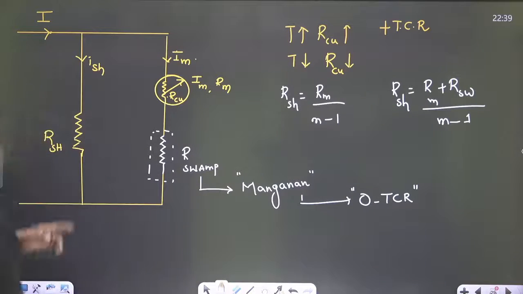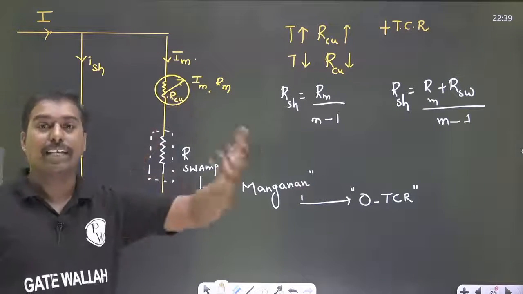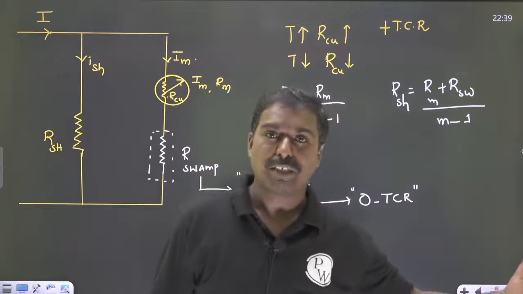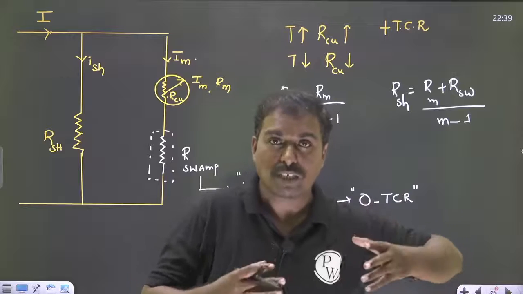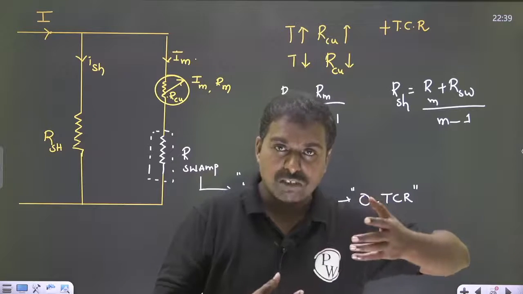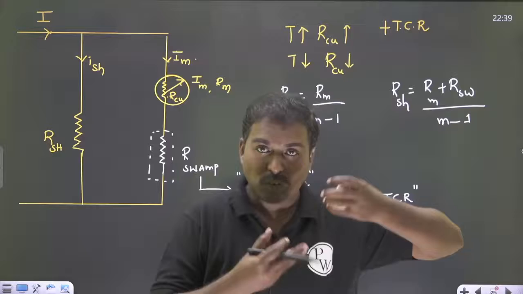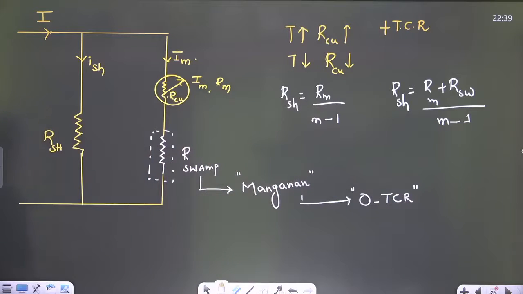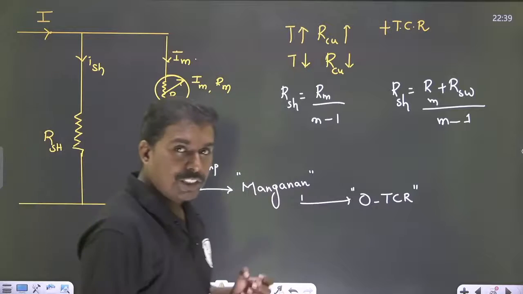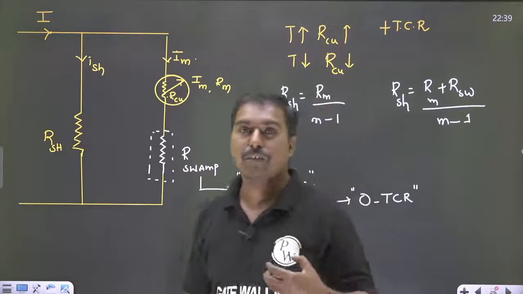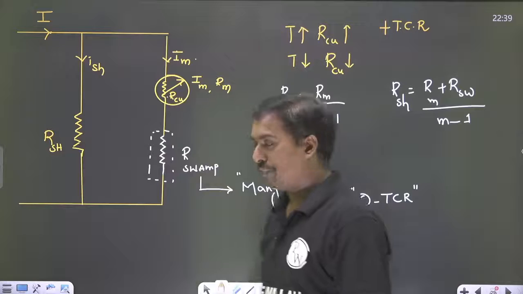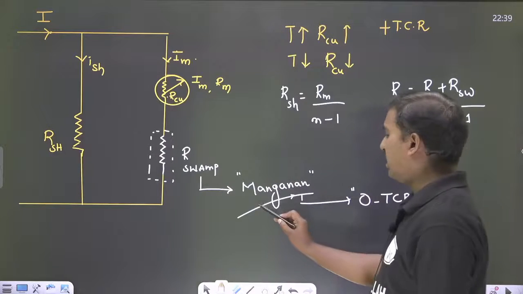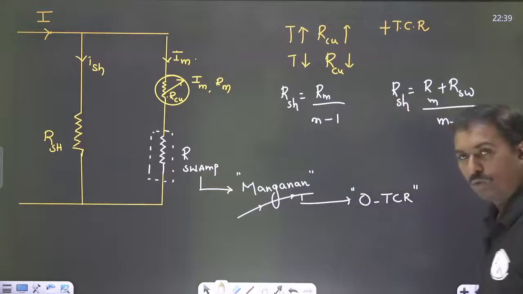So then what happens, this ISH and IM again will return to the values which are not affected by the temperature. That means before, the temperature reading was something, and when the temperature change happened the reading was affected. So these effects are again nullified back to the previous. So swamping resistance is utilized for nullification of the temperature effects. That is the advantage. So that is done with the manganese material, which has zero temperature coefficient of resistance.